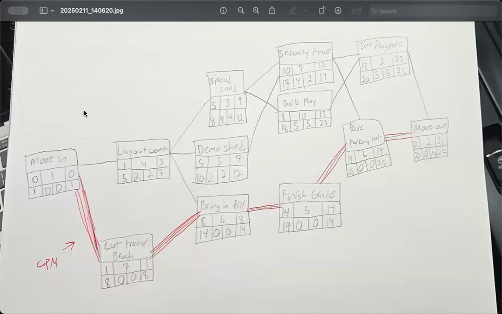We have the move in, we have the cutting, we have the layout, spreading, demo, and bring in, security, and build and finish grid, pave, set, and move out.